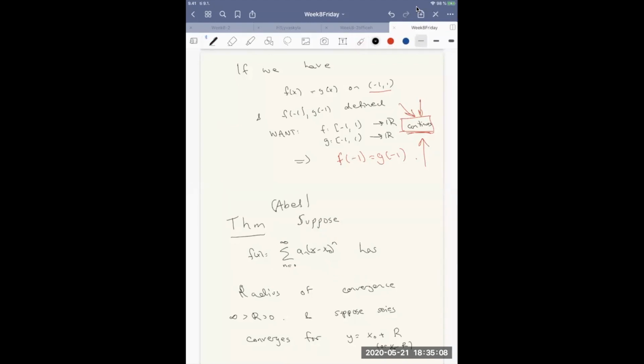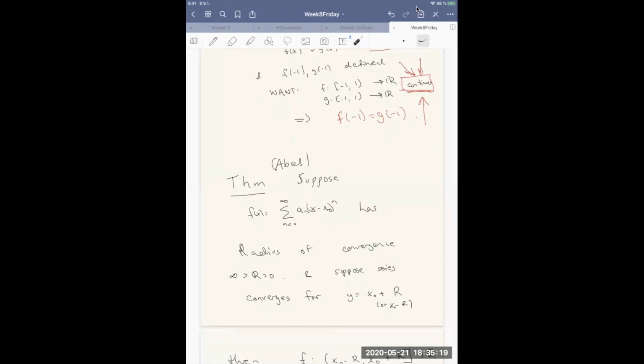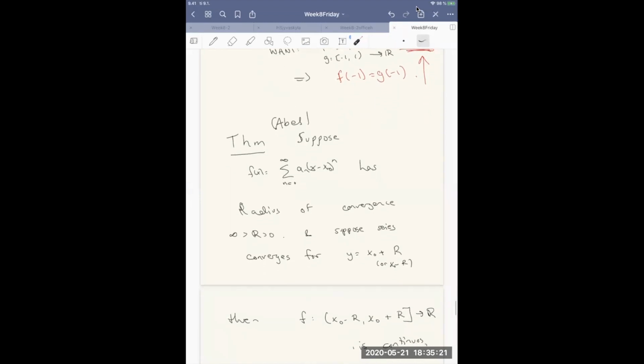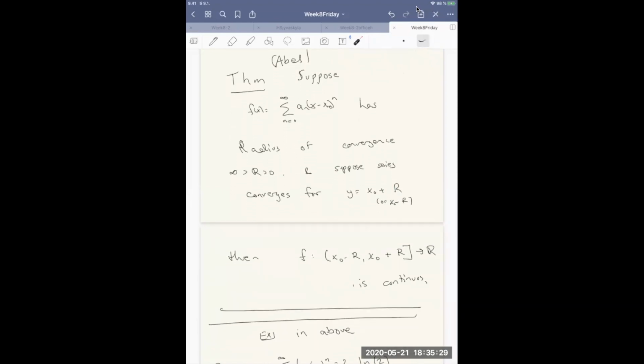Abel's theorem tells us that if you have a power series with positive radius of convergence, not infinity, otherwise there is no endpoint, and if the series converges at one of its endpoints, for independent reasons, just like from the alternating series test, then we can conclude that the function is actually continuous, including that endpoint.